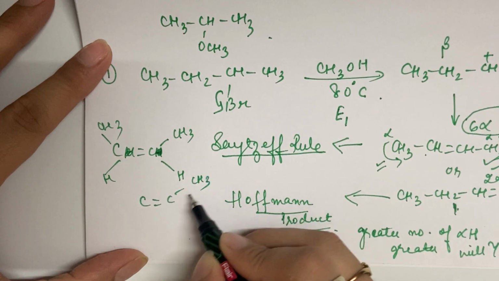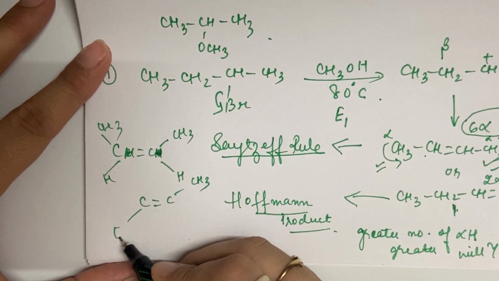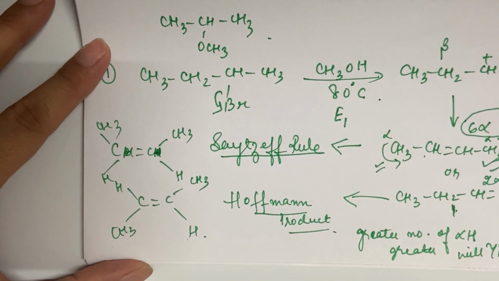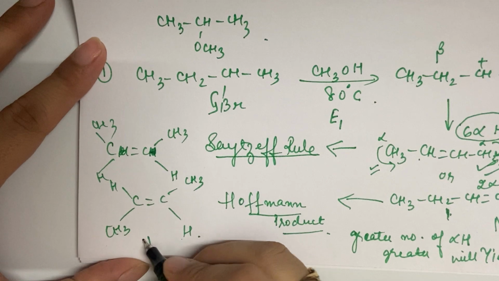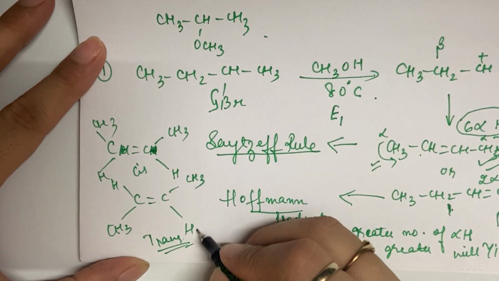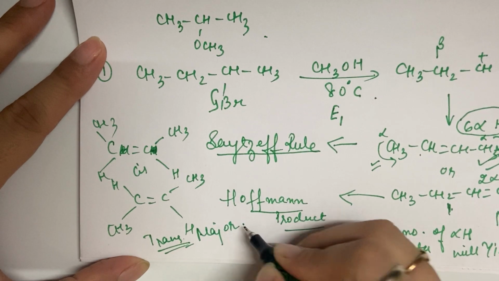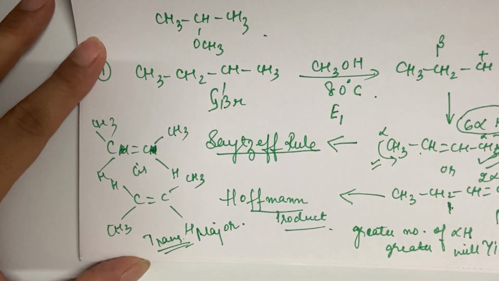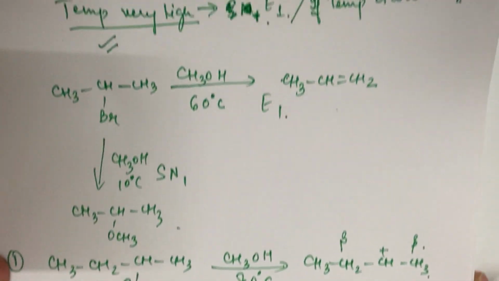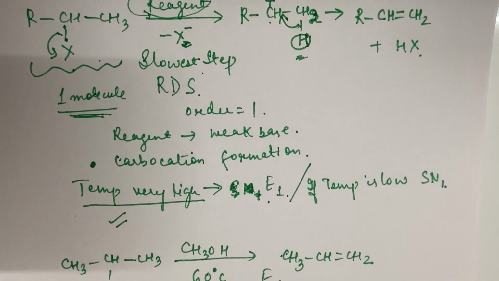And if you have CH3, H and H, this is your trans product. Out of cis and trans, trans is more stable as compared to cis. So trans will be the major product and this one will be the minor product. Okay, so any possibilities can come. So you should keep everything in your mind. Please watch this video 2-3 times so that this topic will get clear to you.